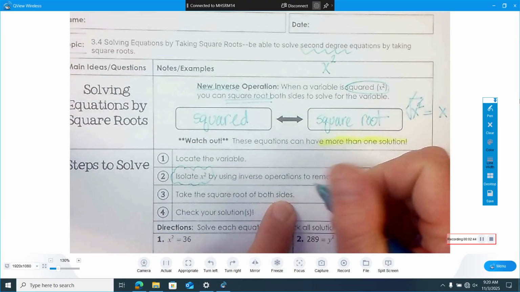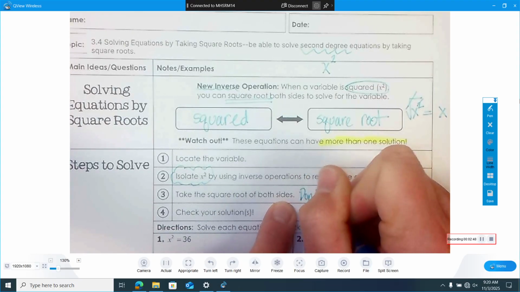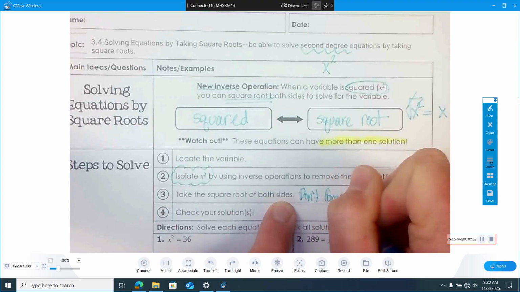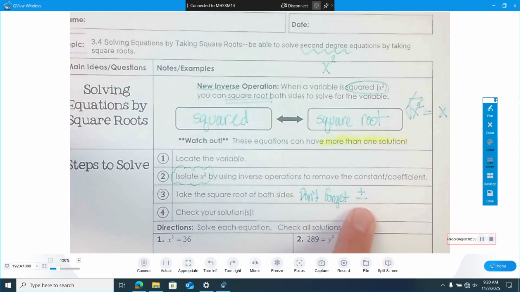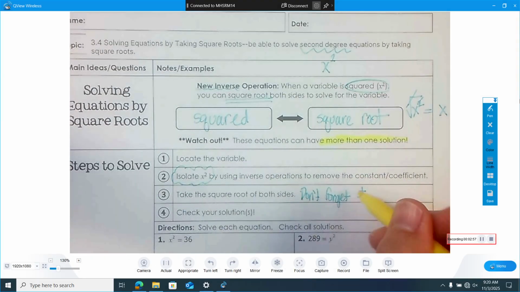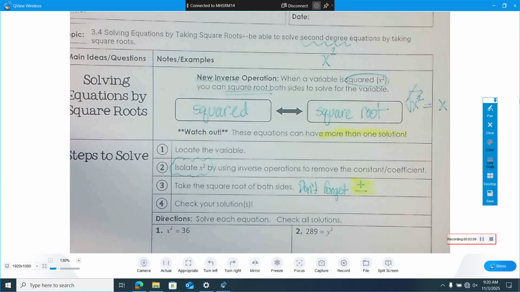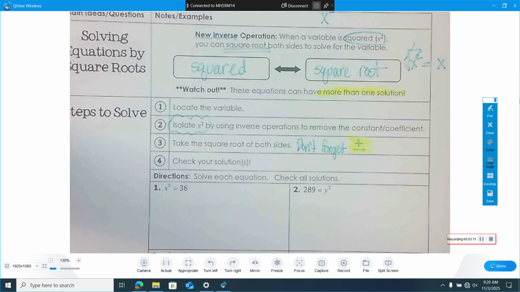When we do that, don't forget the plus or minus. Will you write that in there? Don't forget plus or minus. You only do this when we take a square root, and I'll talk about why in just a minute. And then, of course, you can check your answers, which is quite cool. You can always take your value and plug it back into the original and see what you get.